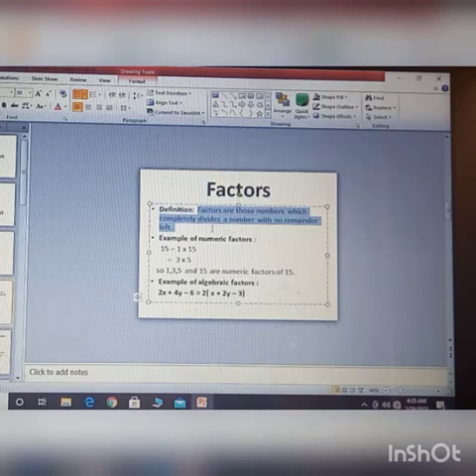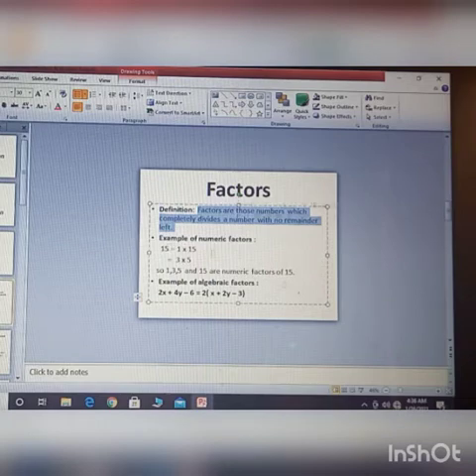It means if we divide a number by another, but the answer comes in decimal places, or if it comes as a whole number but there is a remainder left after division, then that number is no longer a factor of that number. For any number to be a factor of a particular number, it needs to divide it completely with no remainder left. So this is the definition of a factor.